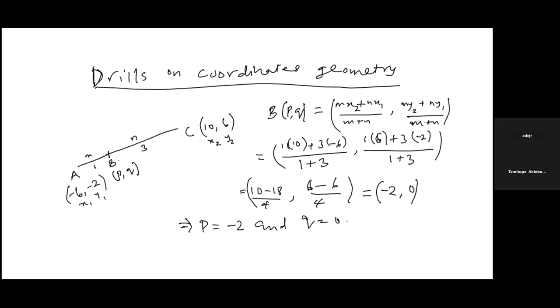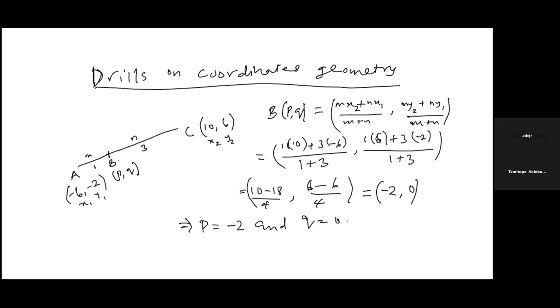So while you are writing, let me just read out the question again. Jonah plots the points A, which is at -6, -2, B, P, Q, and C, 10, 6 on the line segment AC.